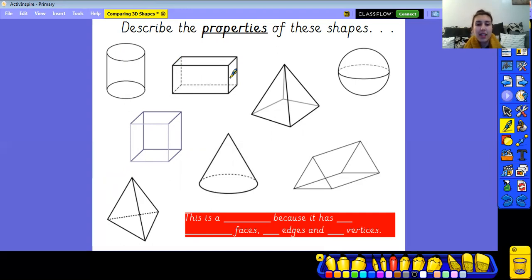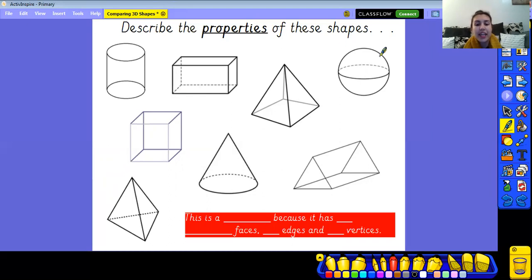It has 12 edges and 8 vertices. This is a square-based pyramid because it has one square face and 4 triangular faces, which is 5 faces altogether. It has got 8 edges and it has got 5 vertices.